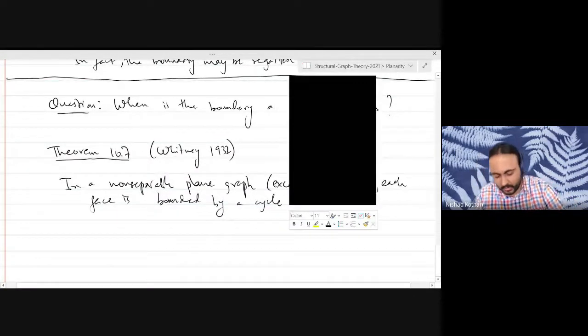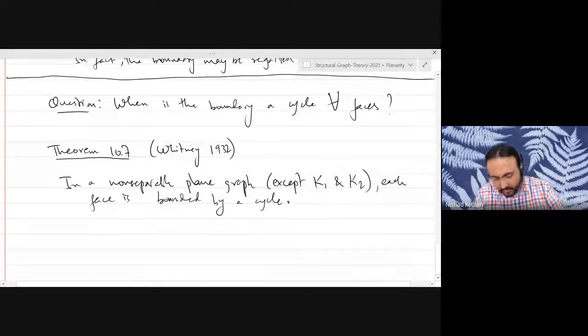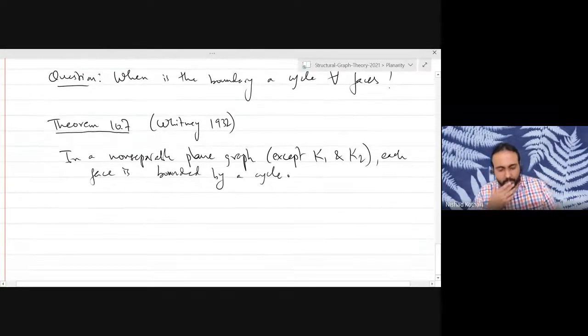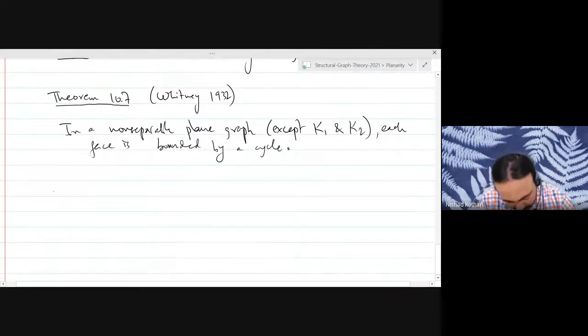So that's the result. Okay, so I don't want to write down the whole proof. I just want to give you a sketch of the proof, and it's a standard kind of proof that you can fill out the details on your own. So let's just write a proof sketch.